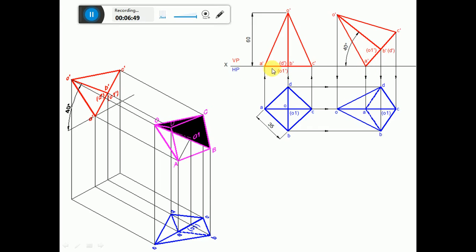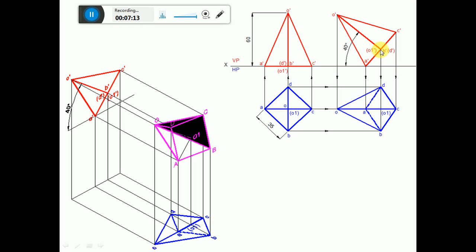Then you measure the length from A dash to C dash. From A dash you cut an arc on this to get this point C dash. Similarly, measure the length from A dash to B dash with the compass. By using the compass, from A dash you cut an arc on this to get this point B dash, D dash and O1 dash. You name them. So from B dash you have a vertical line which is perpendicular to A dash, C dash.